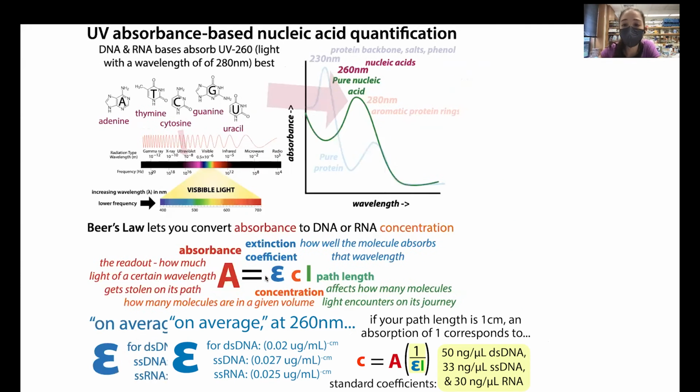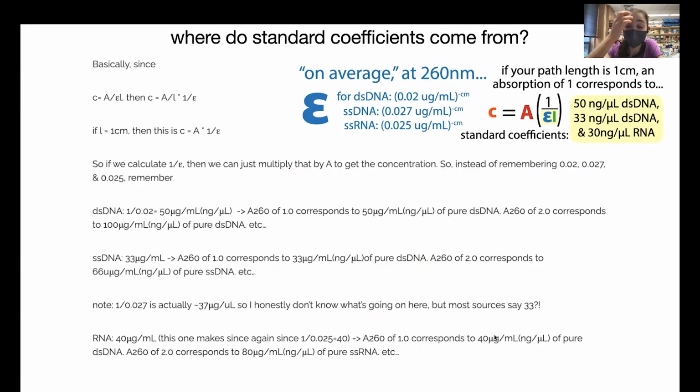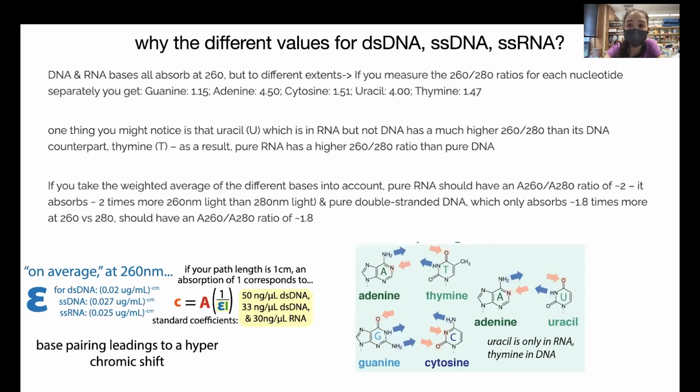And so why is this? So that's really helpful, but why these different values? Remember I said the bases matter. So if you were to absorb all of these separately, you get that they absorb to slightly different extents.